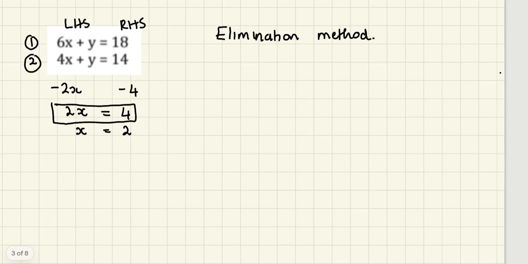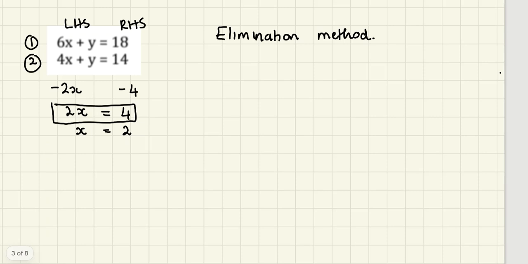So what did I eliminate from the whole process? What's gone from the initial equation? The y. The y is no longer part of the equation, right?